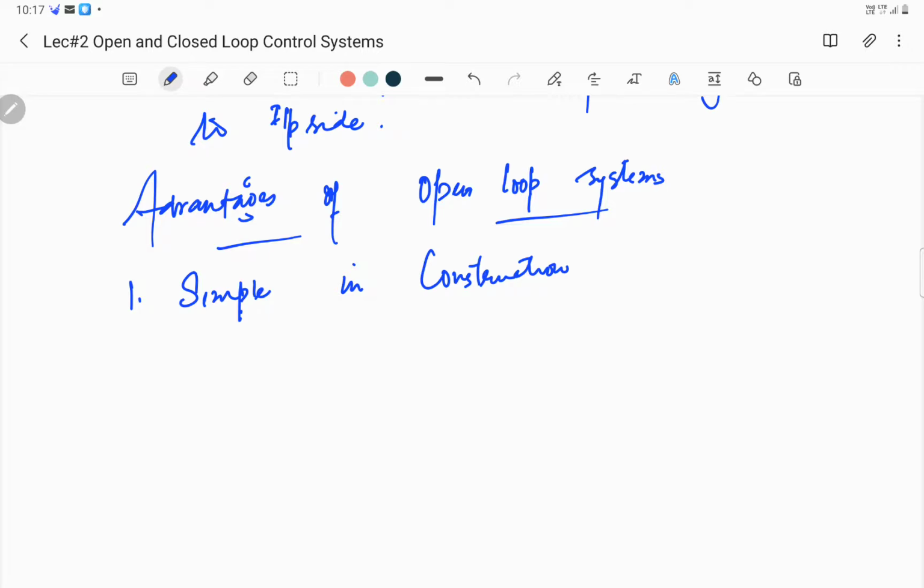So this is one of the advantages, that it is simple in construction. Naturally, when it is simple in construction, it is economical. It will be cheap, as the circuitry is simple.